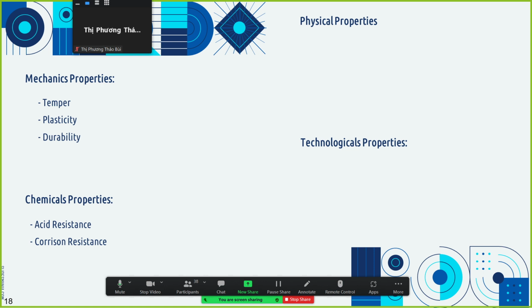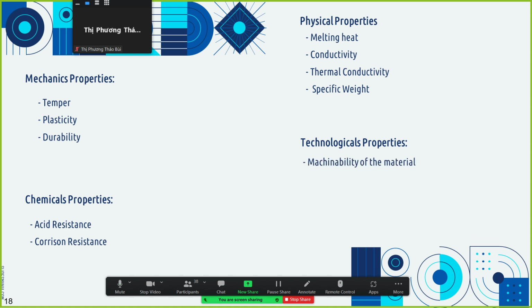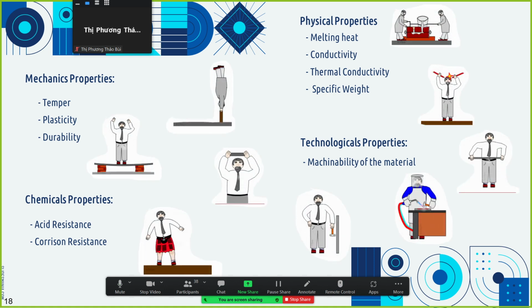The second is chemical property: acid and corrosion resistance. Physical properties are melting heat, conductivity, thermal conductivity, and specific weight. Finally, technological property is the machinability of the material. There is some animation about what we learned in class from our teacher.